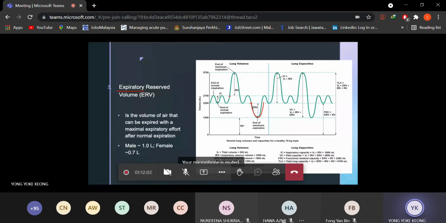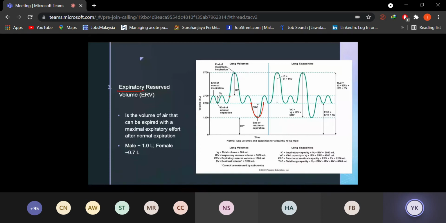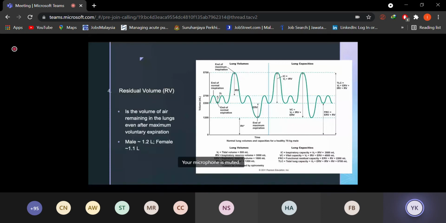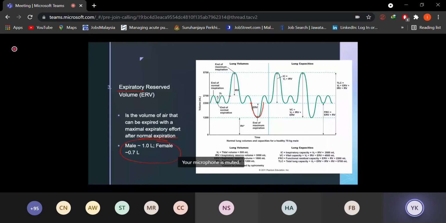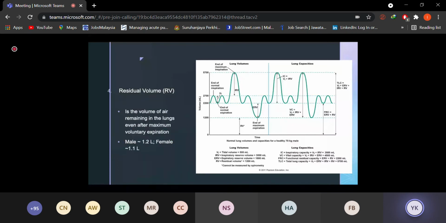The numbers here are not important, so there is no need to memorize how much the ERV or IRV is. As for the residual volume, as I mentioned earlier, no matter how much you compress the lung or how forcefully you exhale, there is still some air inside.